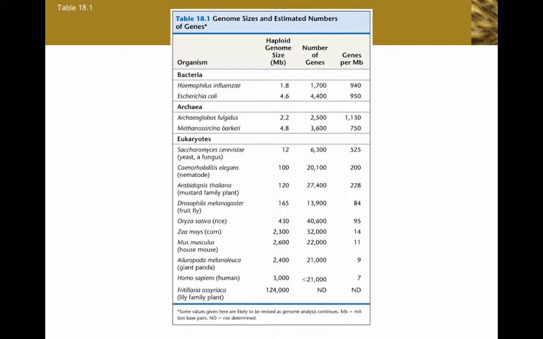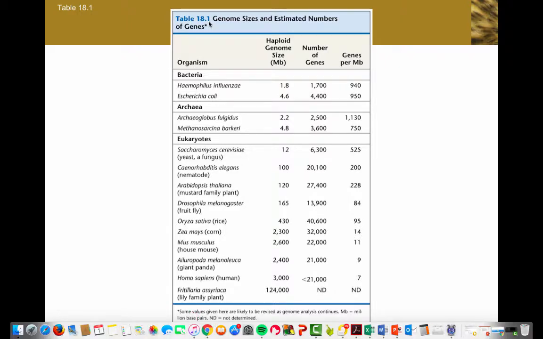As we looked at in class, a little more review: you can see here the number of genes and size. This one is a common E. coli. The genome size is 4.6 million base pairs, the number of genes is 4,400, and the genes per million base pairs is about 950.